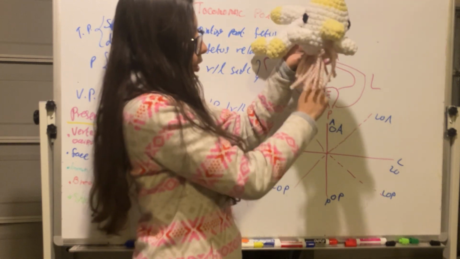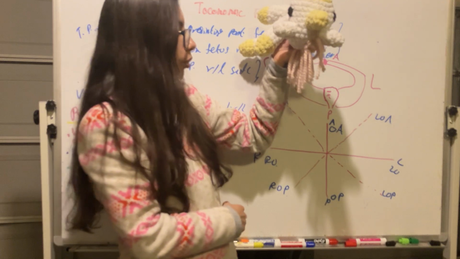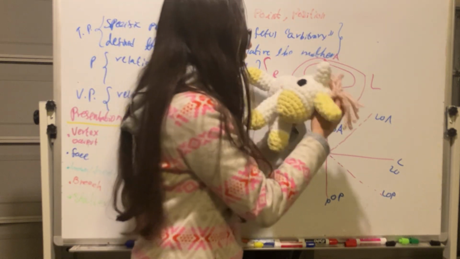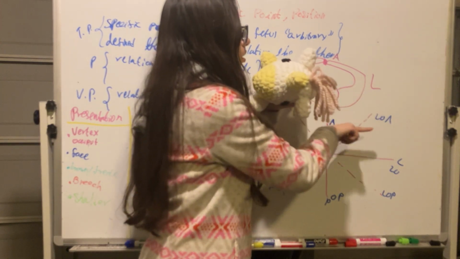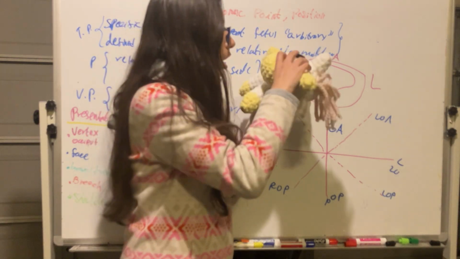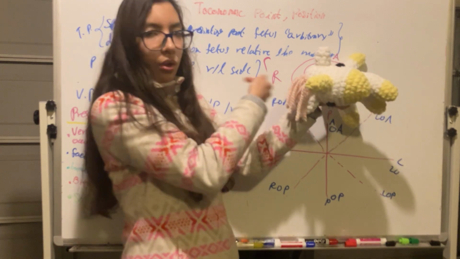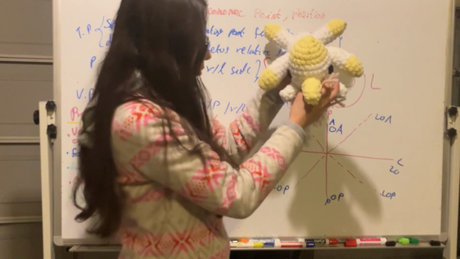So here the tokonomic point is pointing to the posterior part of the mother. We can have the tokonomic point pointing towards left in a neutral position, midway anterior, midway posterior. We can have the tokonomic point pointing towards the right, and we can have intermediates.